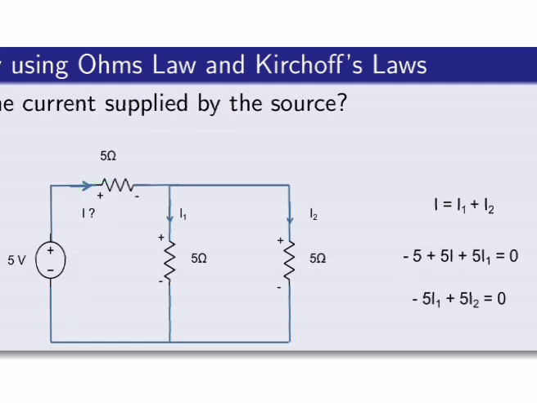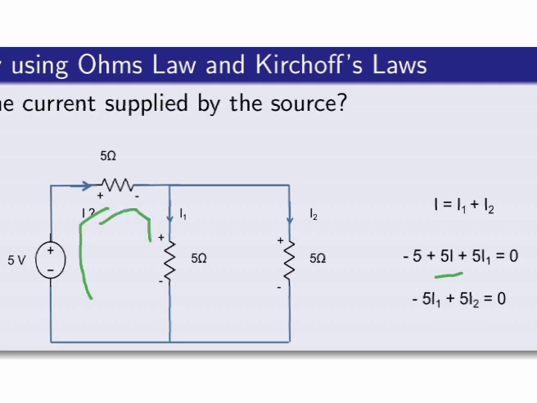That's why the next voltage, across the 5 ohm resistance, is 5 into the current. 5 is the value of resistance and the current flowing through this 5 ohm resistance is I. So the voltage is 5 into I and I am taking it as positive, because when I reach here I first find plus.